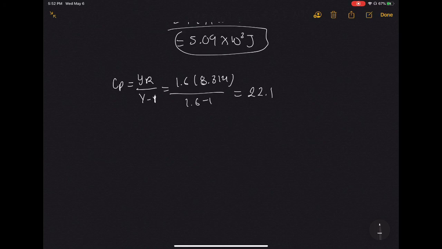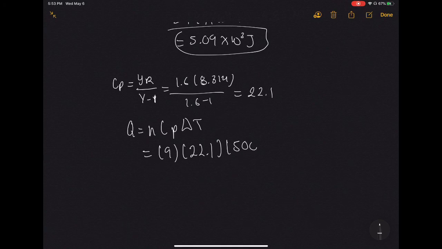Now I'm going to use this formula, which is Q equals n Cp delta T, and that's going to be 9 times 22.1 times 500 minus 300, and that's going to give us 39,907 joules.